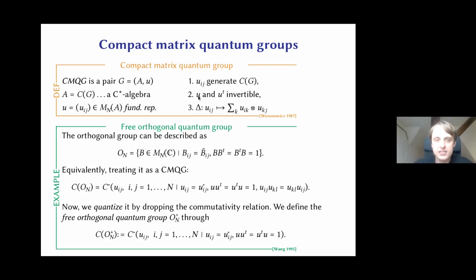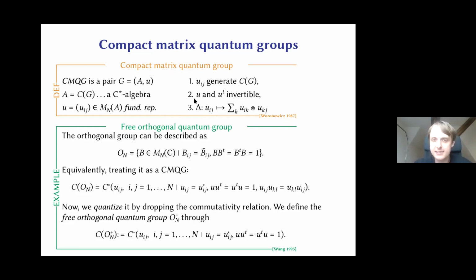The matrix itself and its transpose are invertible, and we have this star homomorphism, which is of course the co-multiplication. I find this particular definition quite nice because I find it maybe slightly easier to understand than the Hopf algebra approach.